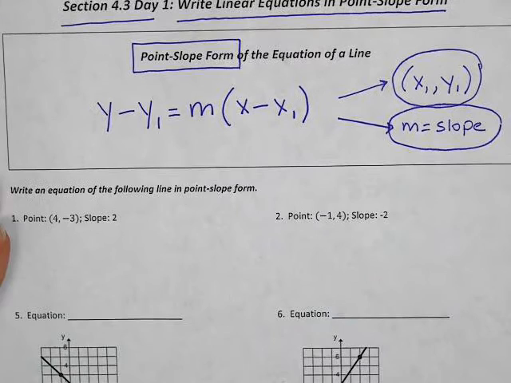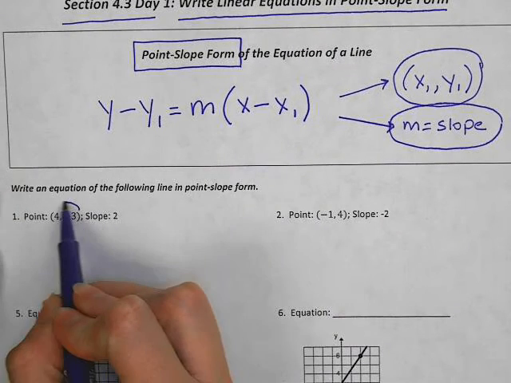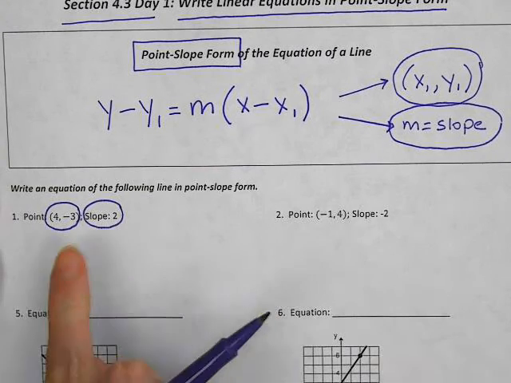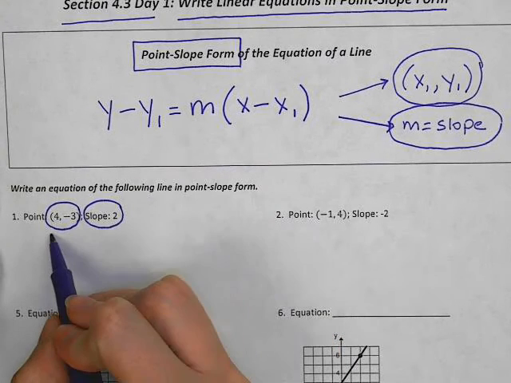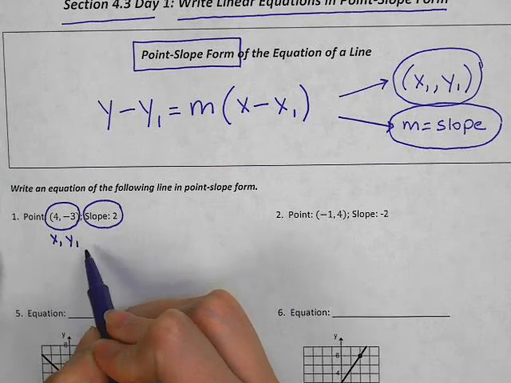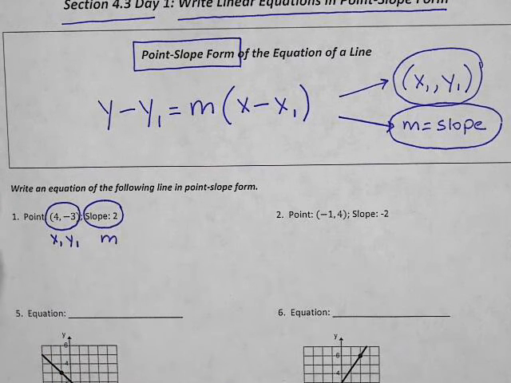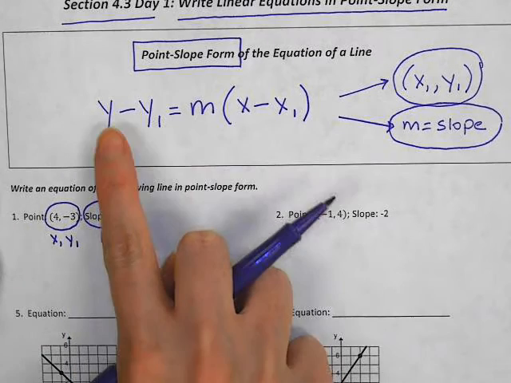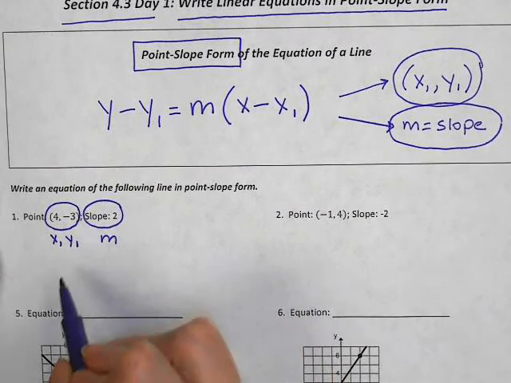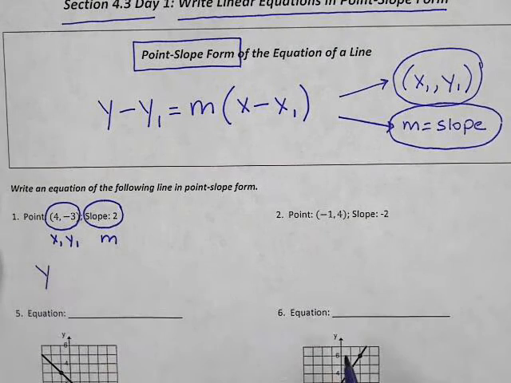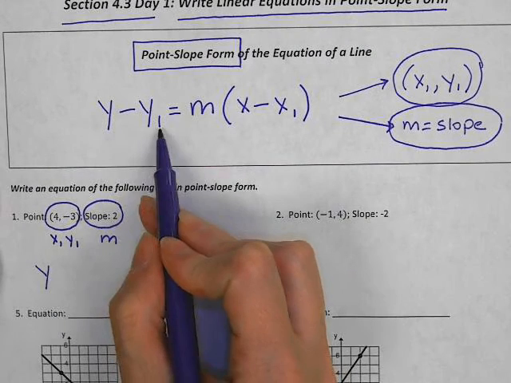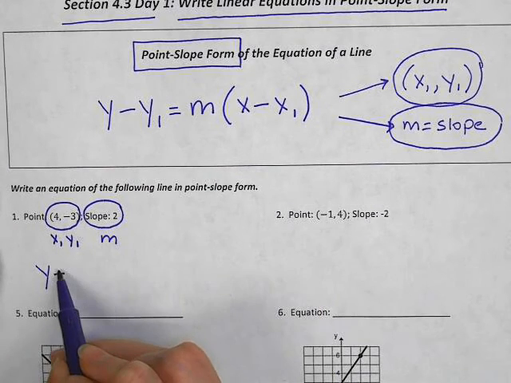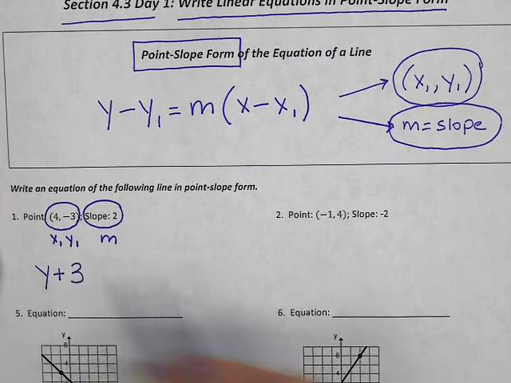All right, so let's try the easiest version. If they give you a point and they give you a slope, let's plug in what we know. The point is x1, y1, and the slope is m. Okay, so we're going to plug these in where they belong. Normal y is going to stay y. Minus y1, so minus -3, but minus a negative becomes +3.